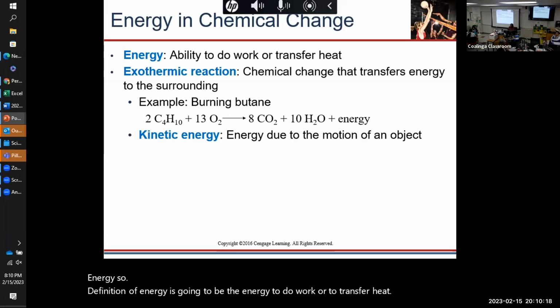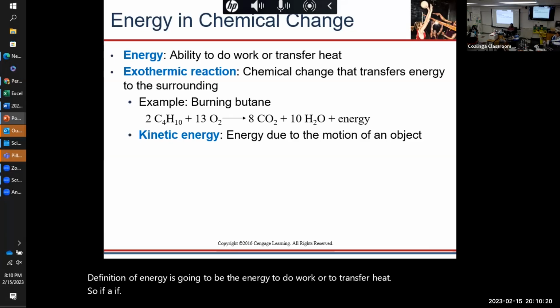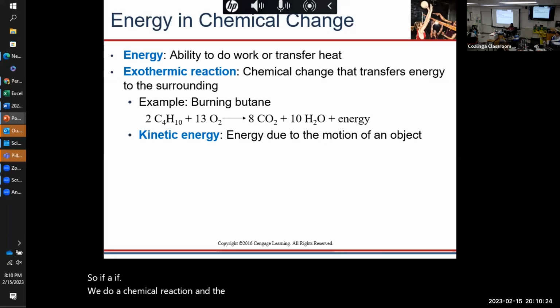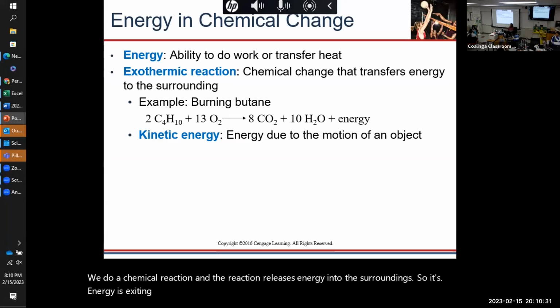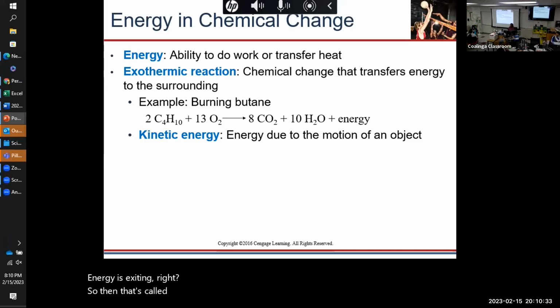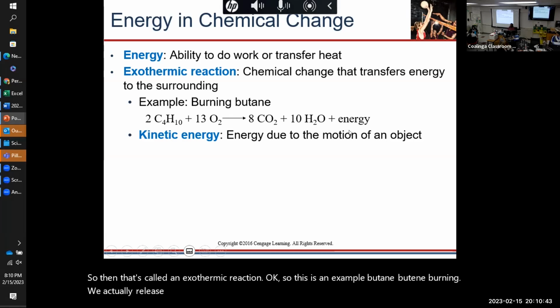So if we do a chemical reaction and the reaction releases energy into the surroundings, so the energy is exiting, right? Then that's called an exothermic reaction. So this is an example, butane burning. We actually release energy, so that would be exothermic.